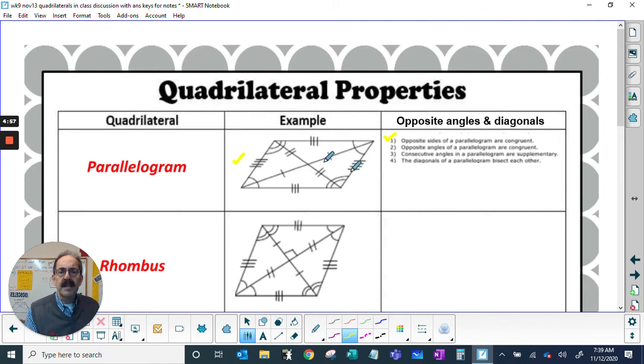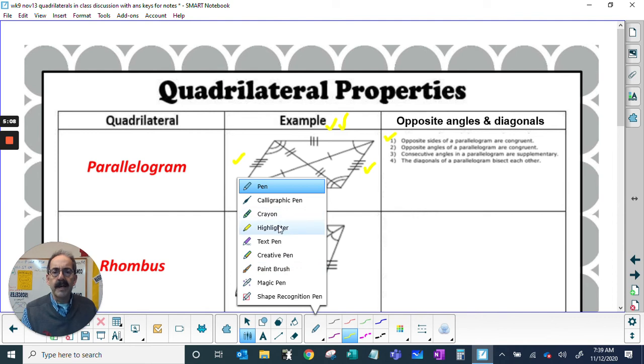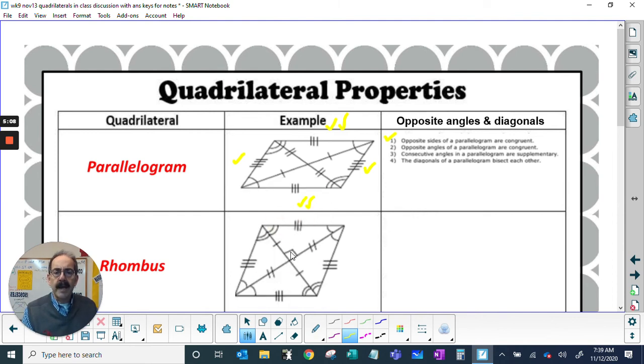Opposite sides, boom, boom, boom. Opposite angles are congruent. So this is where I want to focus today, is when we draw the diagonal, that and that, they're equal. That is congruent to that, the opposites.